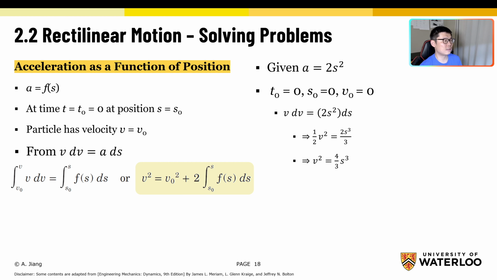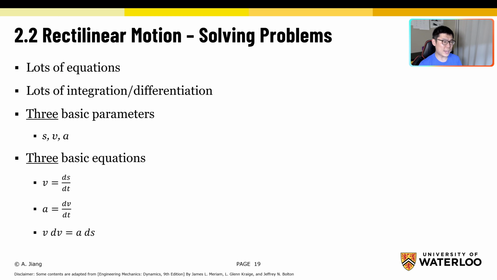Okay, so that's the basic 4 or 5 scenarios you will see. It's kind of exhausting to show all of them, so we have covered a lot. Is it overwhelming? Maybe. I know. We have lots of equations, lots of integration, differentiation, just a lot of calculus.